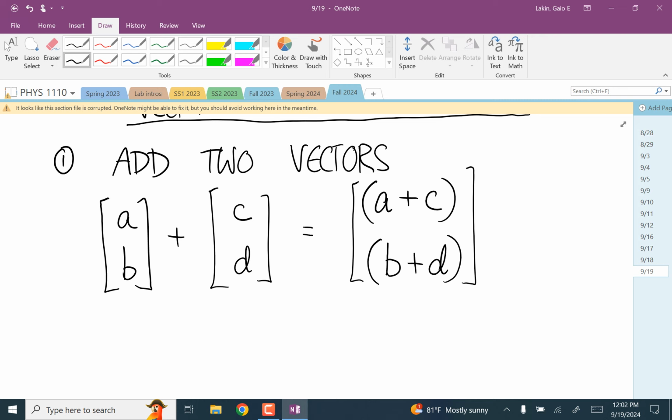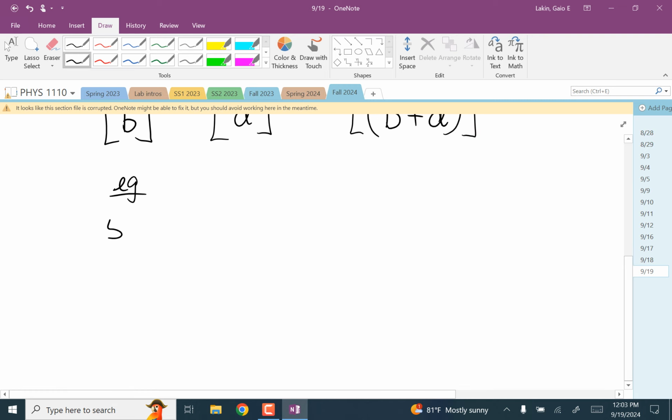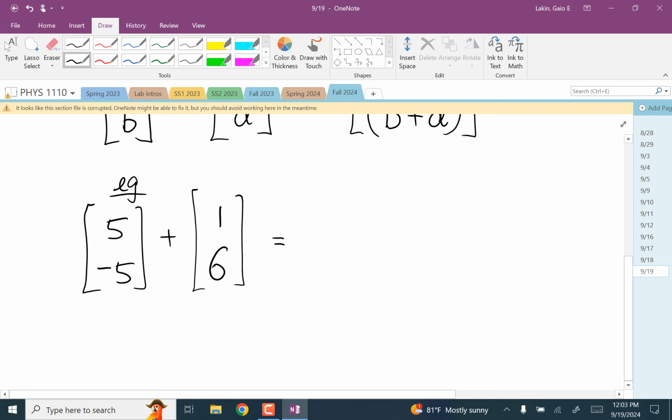So for example, if you have a vector 5, -5, and you want to add it to the vector 1, 6, the sum is 5 plus 1 for the x component, -5 plus 6 for the y component, and so there you go.